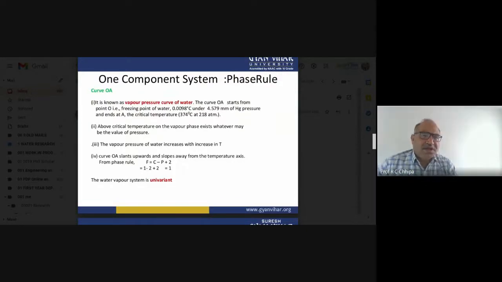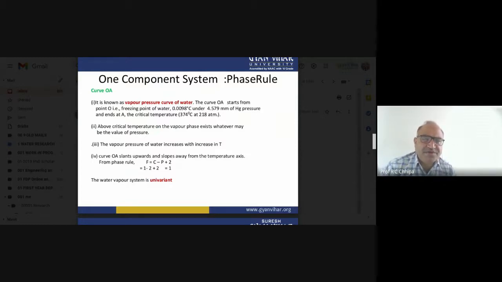Here it is known as the vapor pressure curve of water. The curve OA starts from point O, the freezing point of water, 0.0098 degrees centigrade under 4.579 millimeter of mercury, and ends at A, the critical temperature, 374 degrees centigrade and 21 atmosphere.